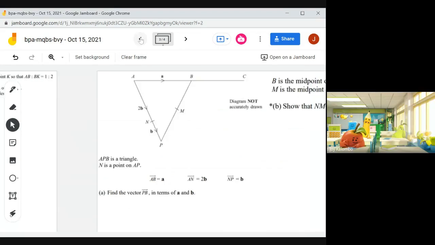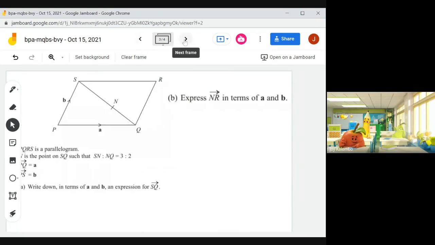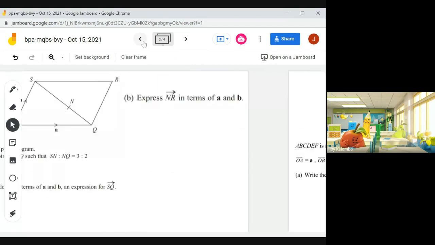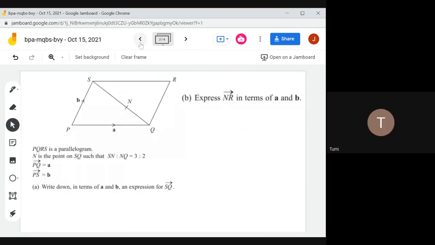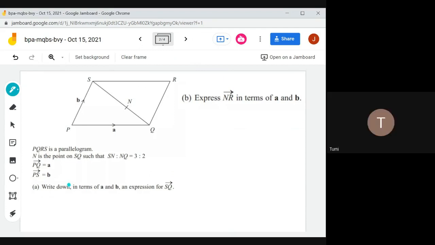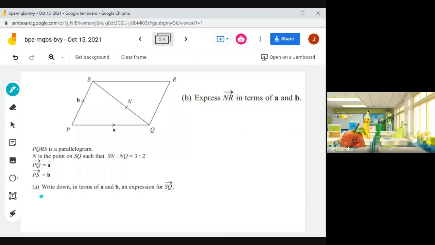Oh, wait, hold on. Sorry. Do you know what? Oh my gosh. I just realized, which one are we looking at? We're looking at slide 2. Oh, I was looking at the wrong slide. That's my bad. So you initially said minus B plus A, right? Yeah, you're absolutely correct. I was looking at the wrong slide.